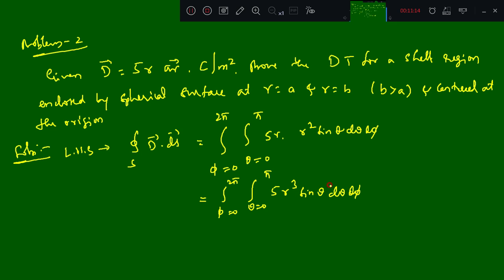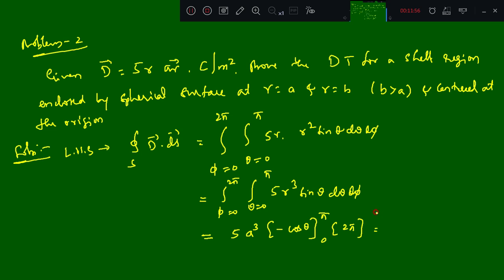The D we have found out. The r range they have given is r equal to a and r equal to b. So first, if I substitute r equal to a, what am I going to get here? It is 5 a cube, then the integral of sin theta gives minus cos theta from 0 to pi, and the integral of d phi gives 2 pi.